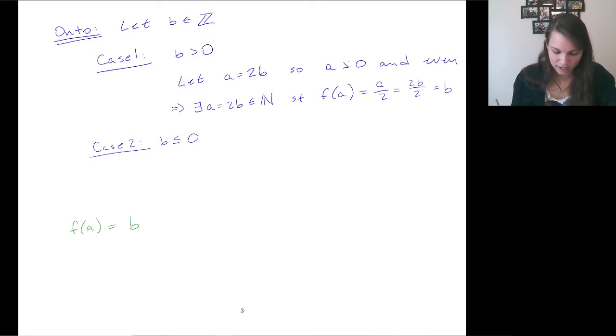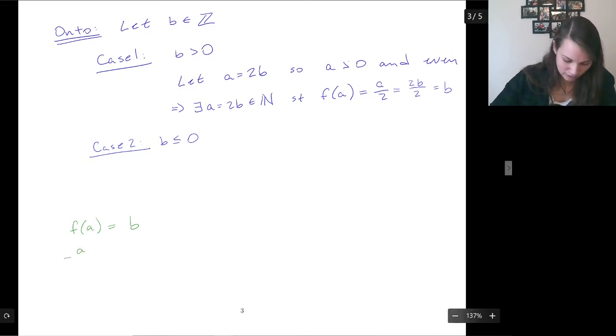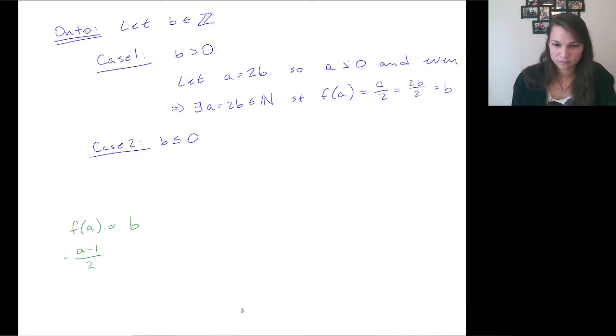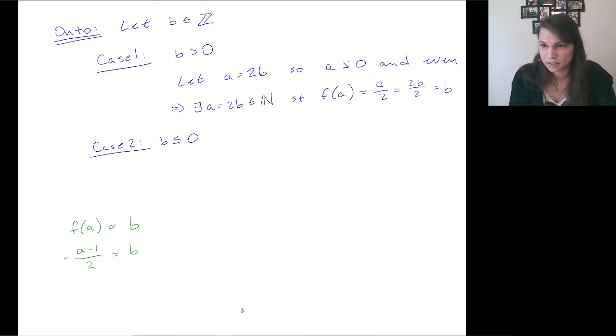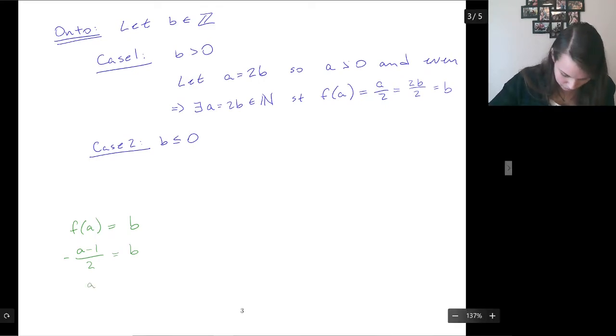If f of a is equal to b, that means I'm looking for a number a so that when I plug it in, I'm going to get negative a minus 1 over 2 is equal to b. So all I have to do is rearrange this equation and solve for a. So a minus 1 over 2 equals negative b. a minus 1 equals negative 2b. a equals negative 2b plus 1.